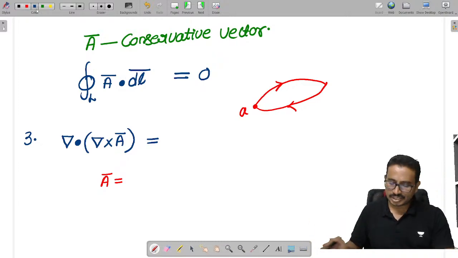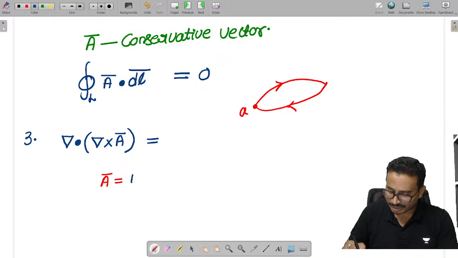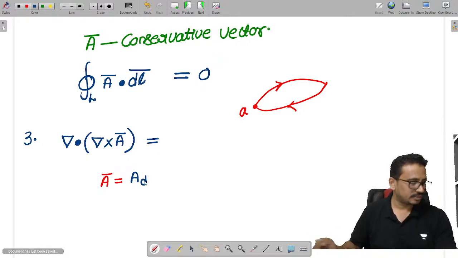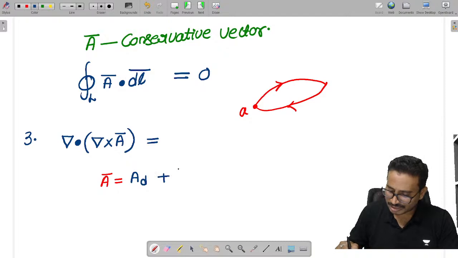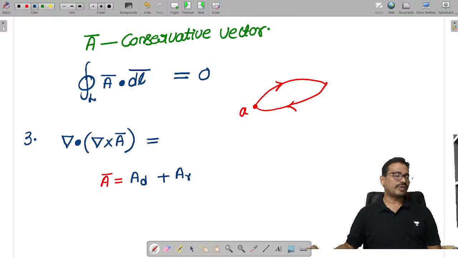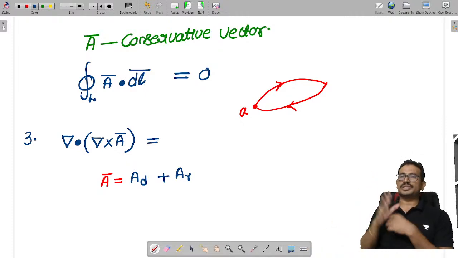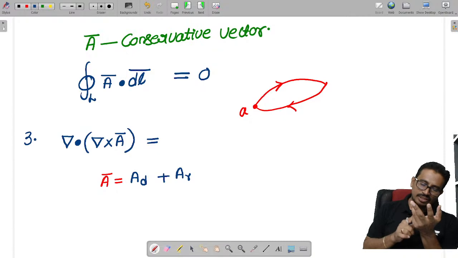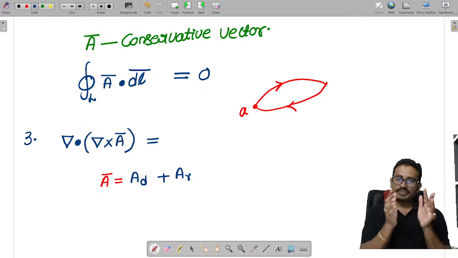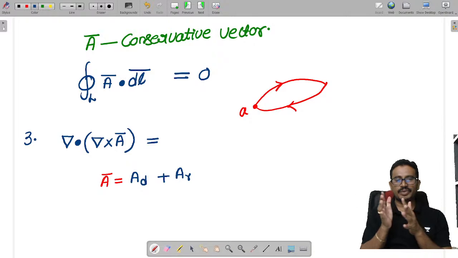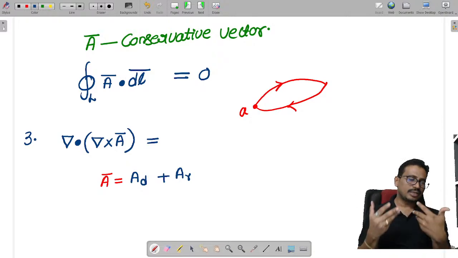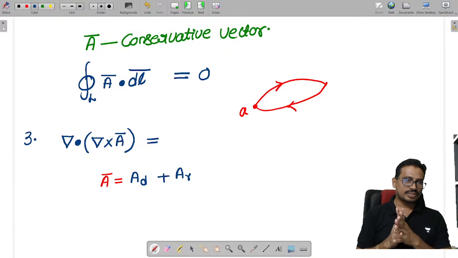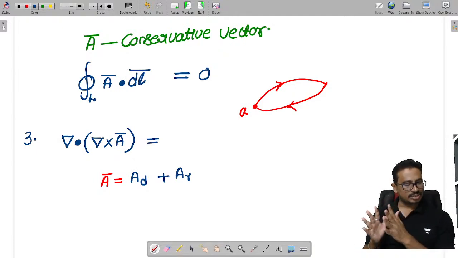Exactly similar to that, any vector we can split it: it contains a diverging part and a rotational part. You can visualize that the vector will contain the two natures. Some part may contain divergence, some part may contain rotational. It may not contain anything also. The divergence part of a vector and the rotational part of a vector.